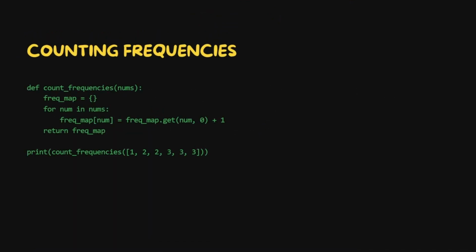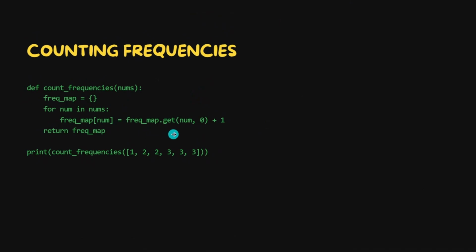This is the Python code implementation for counting the frequency. We start by defining a function, count frequencies, that takes a list called nums. We initialize an empty dictionary, frequency map, to store elements as keys and their counts as values. We loop through each element in the list using a for loop.